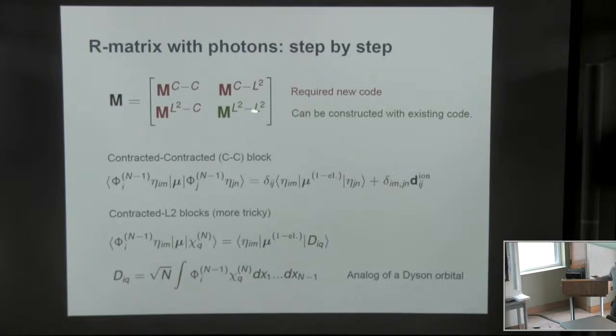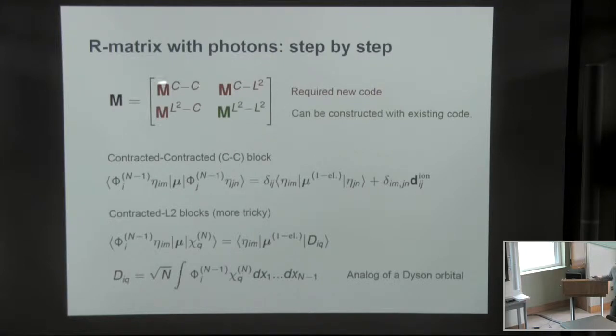The green block here just involves the L-squared configurations and can be constructed with existing code. But the red blocks require a little bit more work.